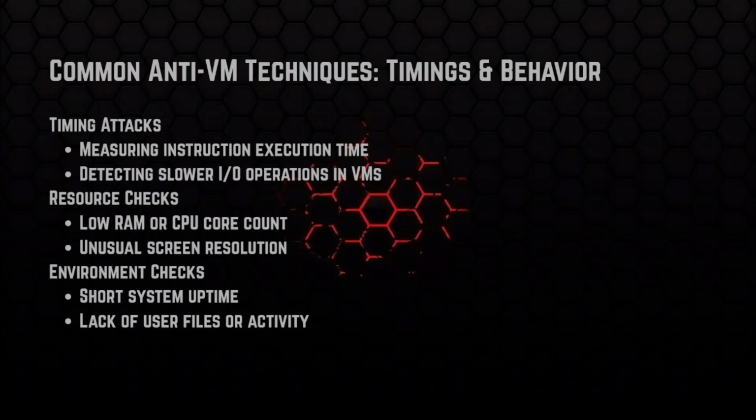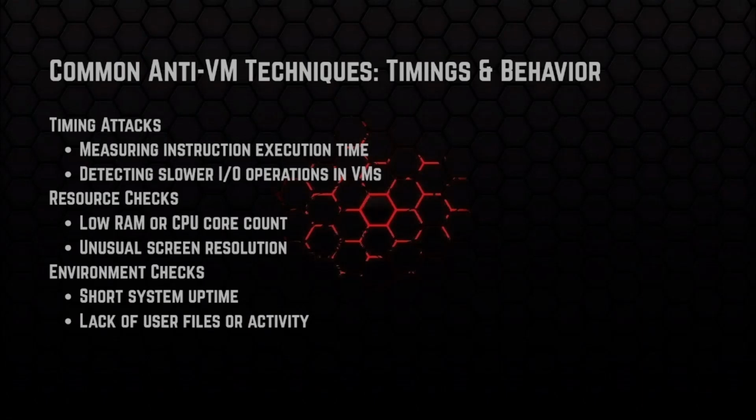And the third part we are going to have a look at is the timings and behavior. Let's take an example of any of the common sandbox. Generally a sandbox would be slow. It can be with 2 gigs of RAM, with a minimalistic amount of storage.